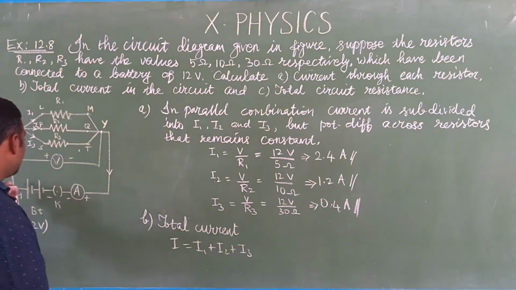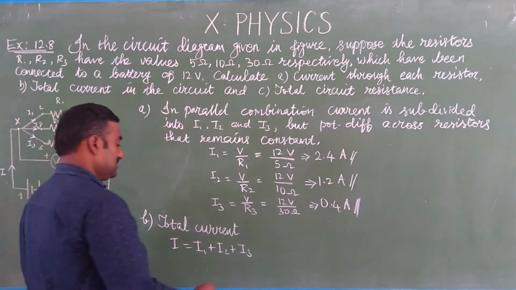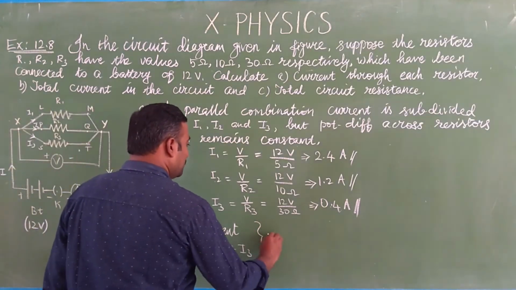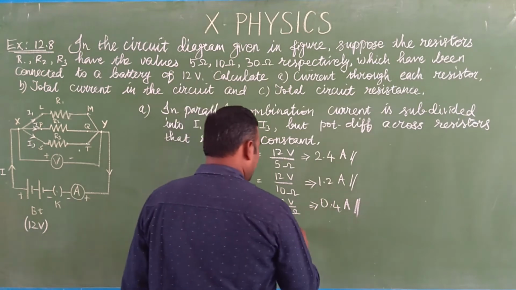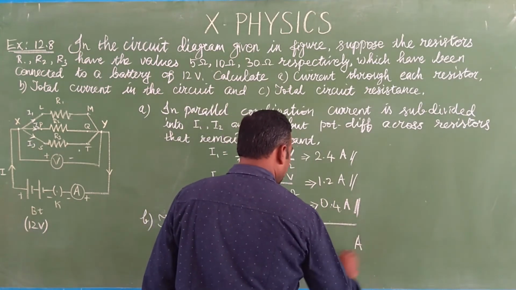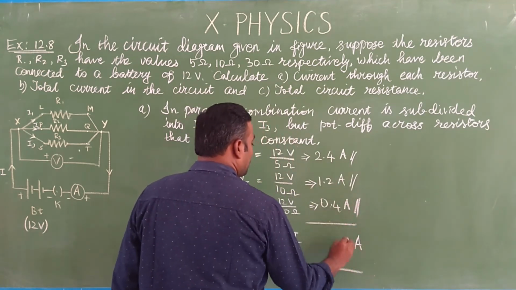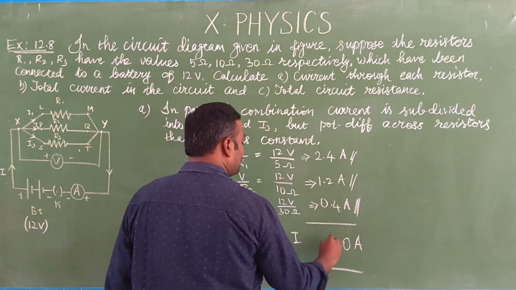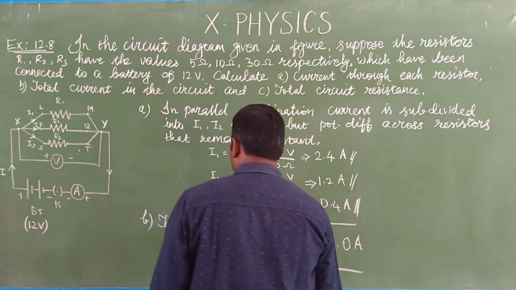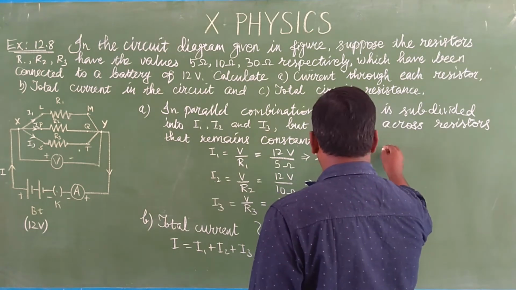So we need to add all of these. After adding, we get I equal to 4 ampere. So the total current in the circuit is 4 ampere. Okay, it's over.